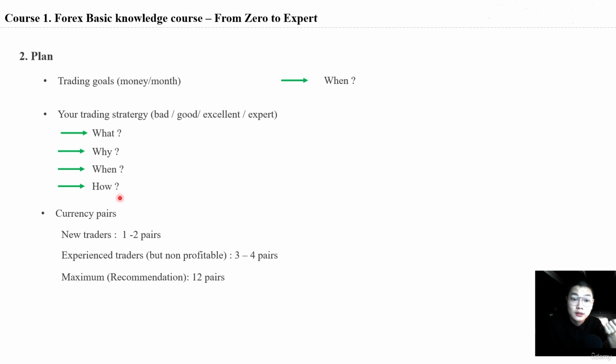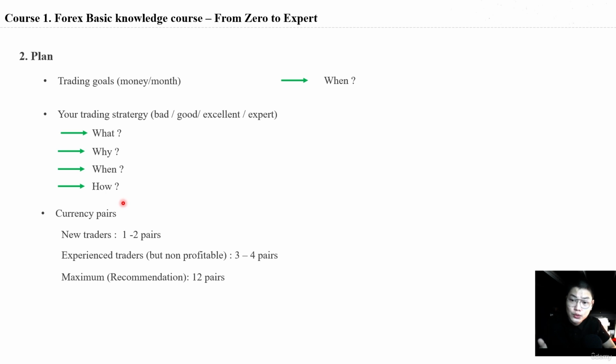If you are an experienced trader, but at this time your trading strategy is not good, it means that you still have no profit, I recommend you trade 3 to 4 pairs per week. And if you are an expert or profitable trader, the maximum is 12 pairs to control in 1 week, because when every pair has signals, you have no time to check all the pairs.